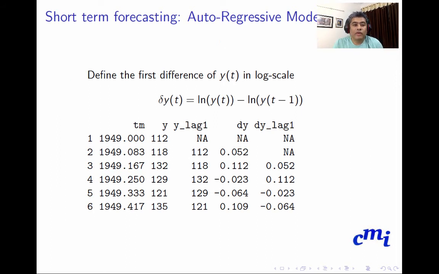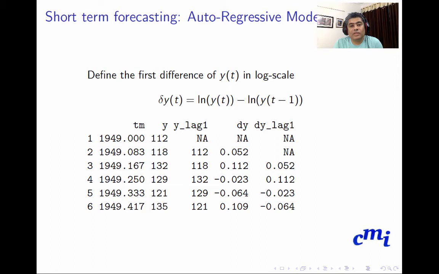Next, we define another variable called the first difference of yt in log scale. How do we define it? Delta yt is ln yt minus ln yt minus 1. If you look at it carefully, you take the log of y and then take the consecutive difference of the log y values.